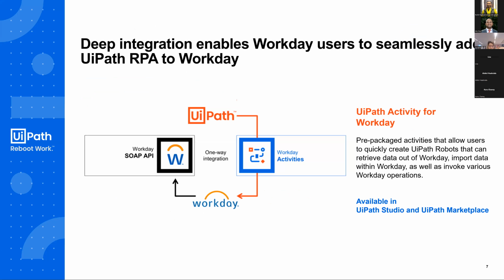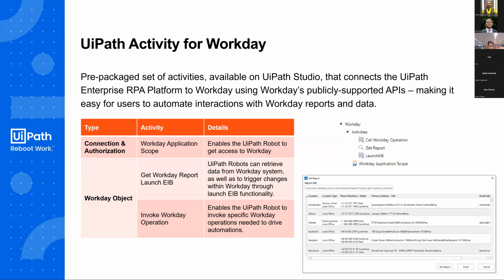Getting into the activities, because I'm going to focus on those quite a bit today. It's bi-directional, based on how you use it, but it's primarily one way with the SOAP APIs, where we're mostly reading information from Workday to UiPath. But we've also got ways, if we invoke EIBs or Workday SOAP APIs, to then write data back into Workday. So the activities have just a couple of core functions.